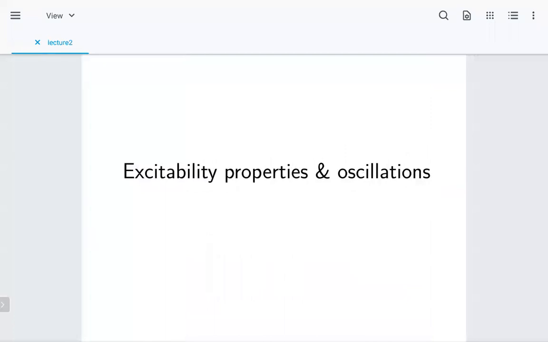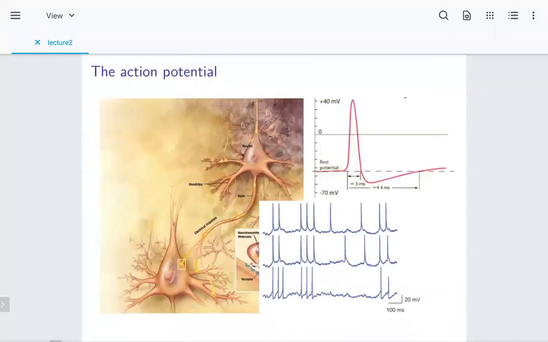So back to the topic for today: excitability properties and oscillations. We're going to start from where we left off in the previous session. In the previous session, I talked about the neuron. I mentioned that what experimentalists can record from a neuron is the voltage, the membrane potential, the difference between the interior and the exterior of the cell.